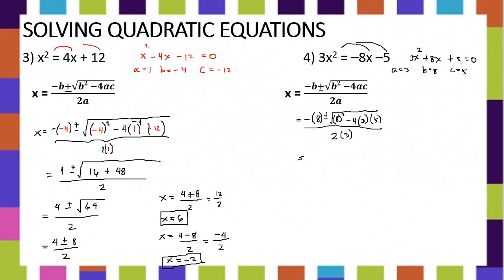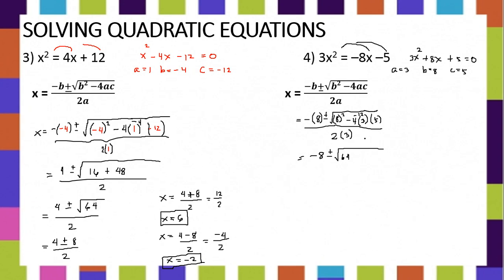Okay, simplify. Negative times 8, negative 8. Positive, negative, square root of 8 squared. 8 squared is equal to 64. Negative 4 times 3 is equal to negative 12.